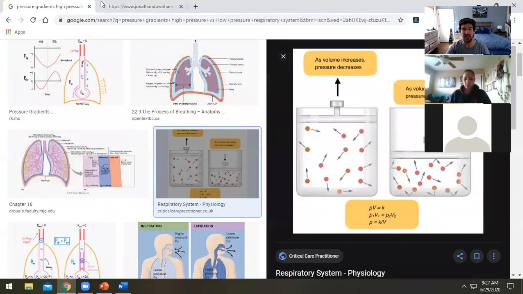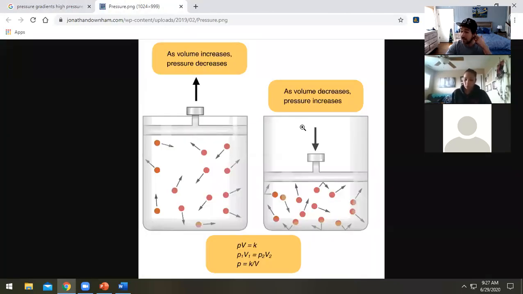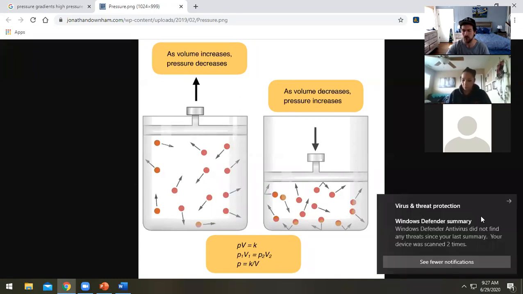So when we look at the difference here, there's a lot of volume here, right? There's a lot of space in here. So there's not very much pressure. This oxygen can just hang out. But if you were to push down on this, the pressure is now going to increase.